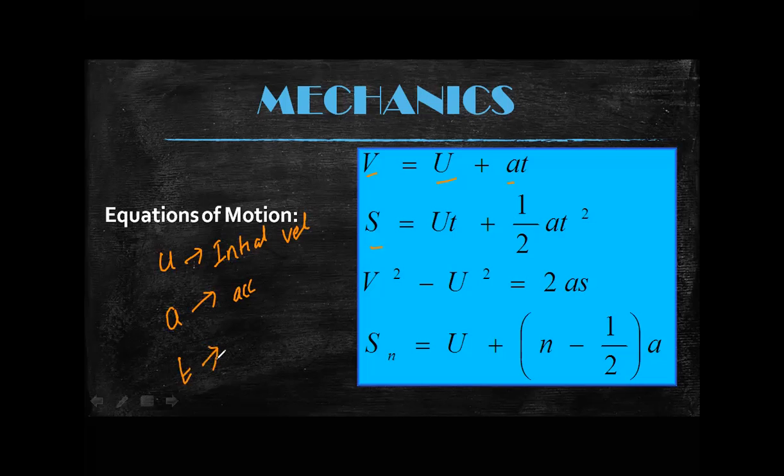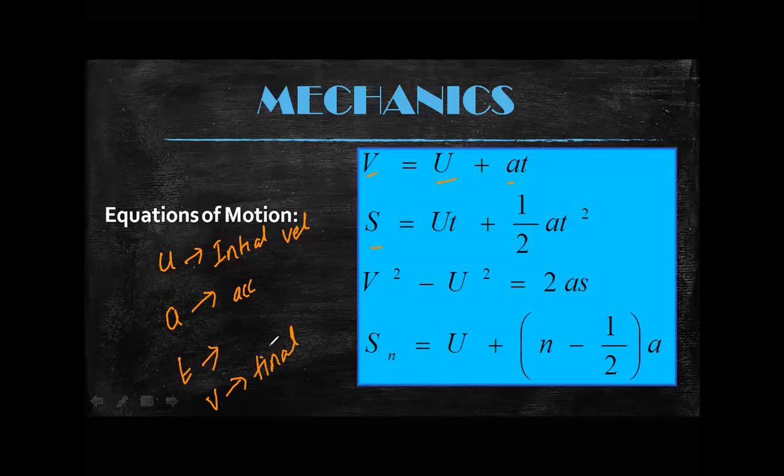When the object moves with respect to time, it starts from a point A and ends at point B. The velocity of the object at the initial point is called initial velocity. The velocity at the final point is called final velocity. So V is the final velocity.